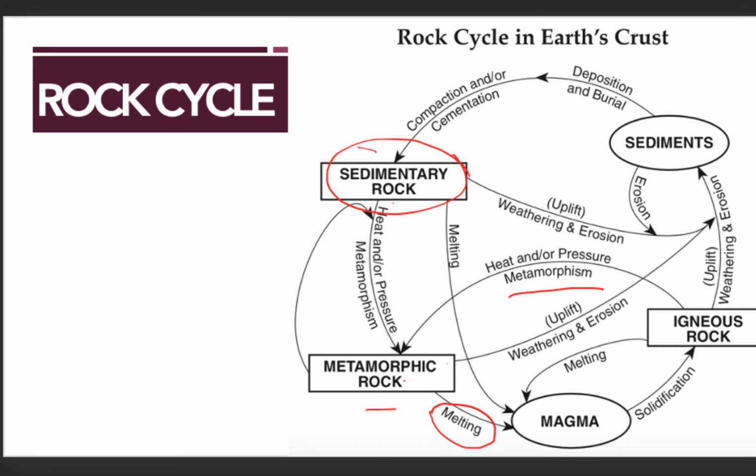For sedimentary rocks to become igneous, again, they can undergo melting, and then the melt becomes magma and then solidification. Since this is a cycle, as I mentioned before, there is no definitive start or end. So we can start with a metamorphic rock becoming an igneous rock, or an igneous rock becoming a sedimentary or metamorphic rock.